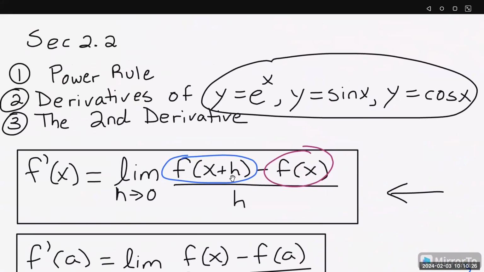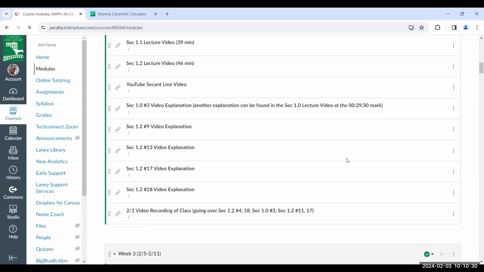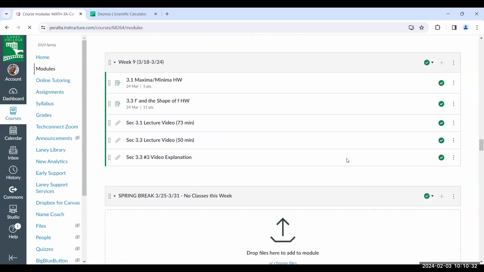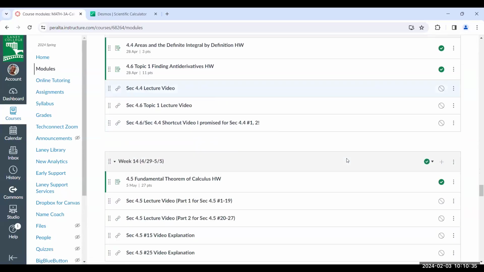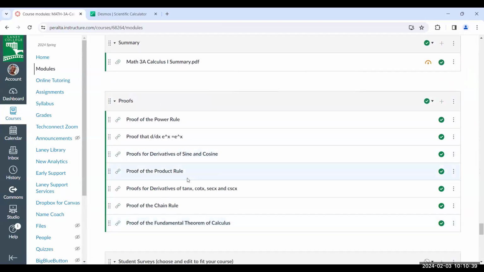If you go to modules and go to the very end, you will see proofs of the rule for the derivative of e to the x, and for the derivative of sine and cosine. So if you want to see the proofs, take a look at those.